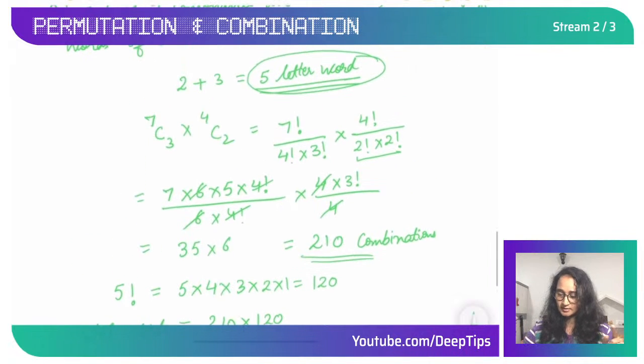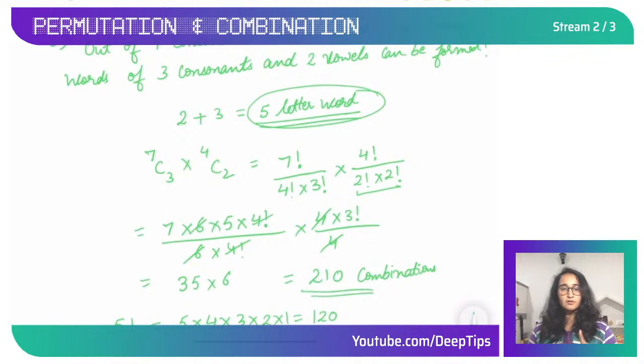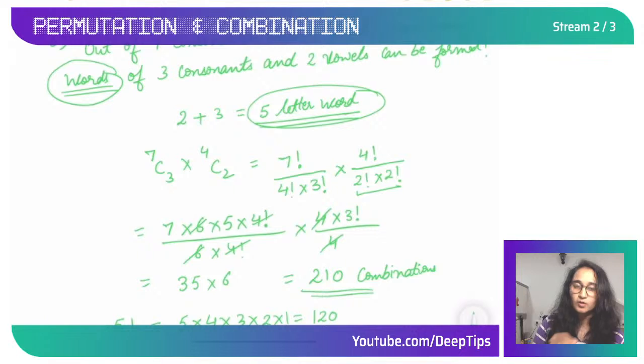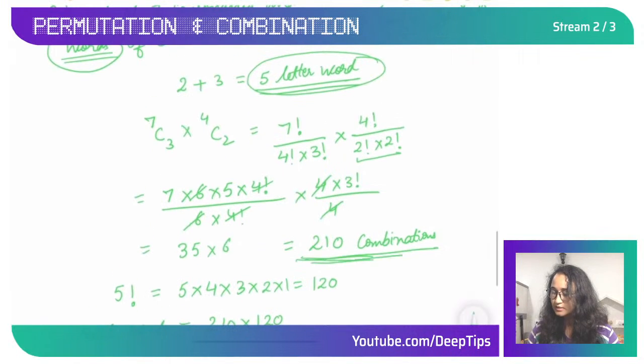Now let's try to understand this question, children. They are saying out of 7 consonants and 4 vowels, how many words of 3 consonants and 2 vowels can be formed. So they have not asked you how many combinations of 3 consonants and 2 vowels can be formed. They have asked you how many words can be formed. So if I just tick 210, then I am writing the answer for 210 combinations.